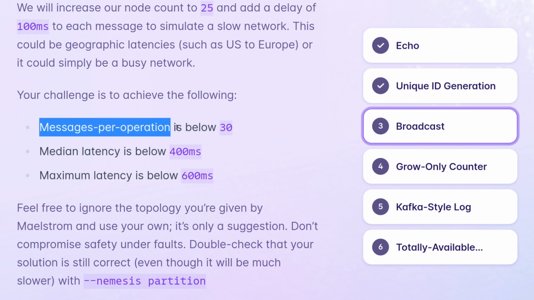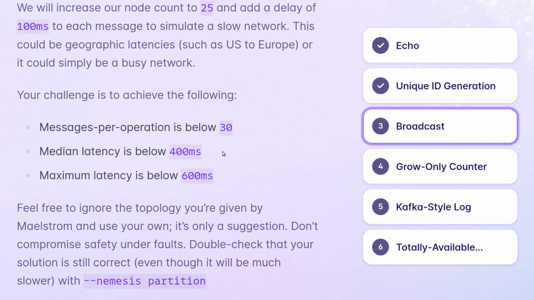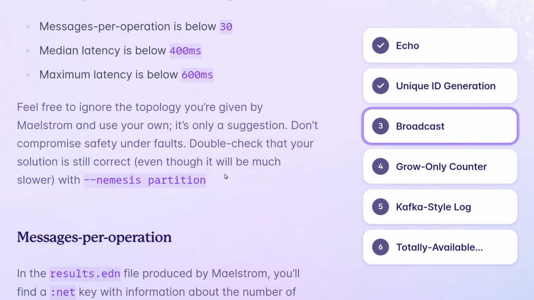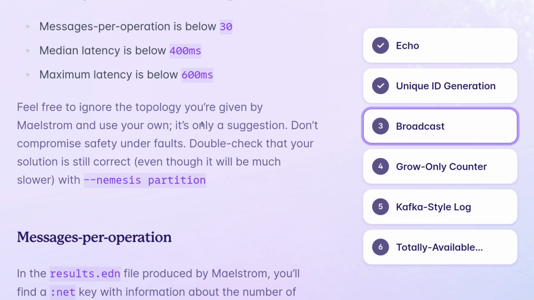So messages per operation should be below 30, and median latency is below 400 milliseconds. Maximum is below 600. They are also telling to ignore the given topology if it's not giving you the expected results.